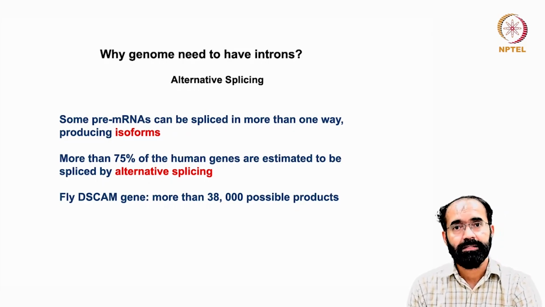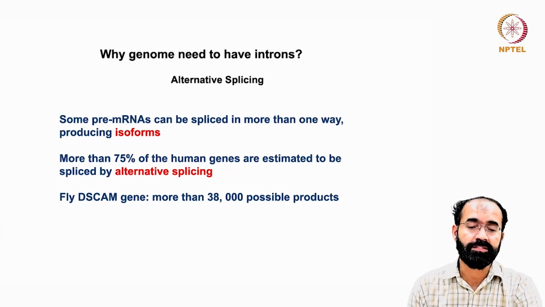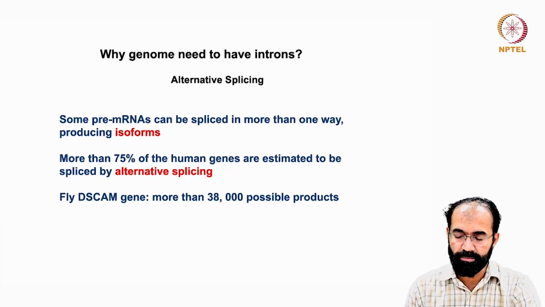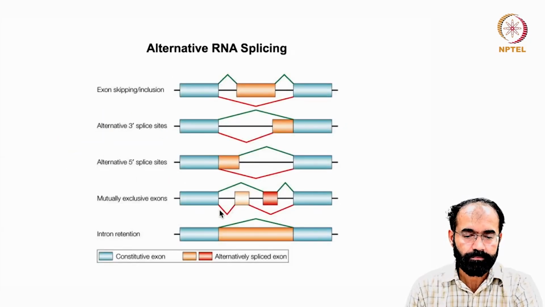So this extra balance of 75,000 genes could have come from alternative splicing only. That is why more than 75% of human genes are believed to be alternatively spliced. And for example, we have seen the Drosophila dscam gene, where more than 38,000 possible transcripts come out of a single mRNA.